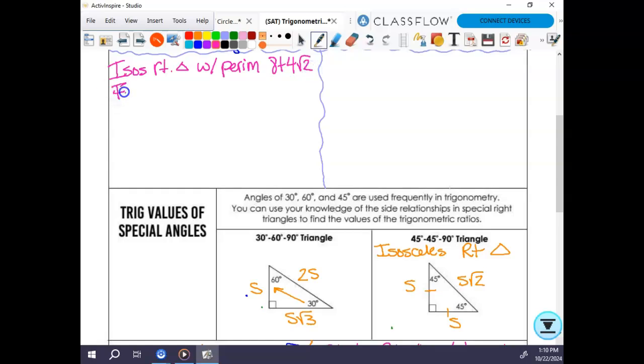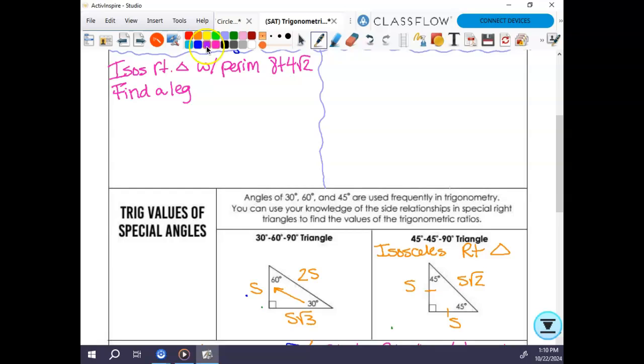We're going to find a leg. And because it's an isosceles right triangle, we don't have a long leg and a short leg. They're the same. What's another way to say isosceles right triangle? 45, 45, 90. It can be referred to as either way.